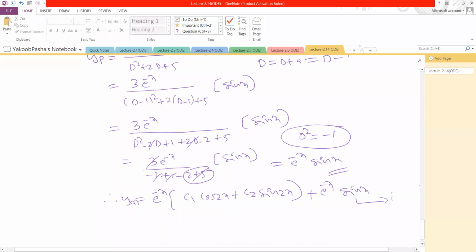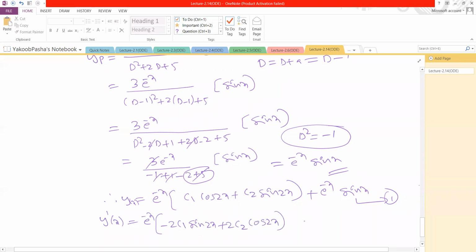Let it be equation number 1. Now we go for y dash of x. Here we can use the UV method: e^(-x) times the derivative of the constant part, -2c1 sin 2x + 2c2 cos 2x.